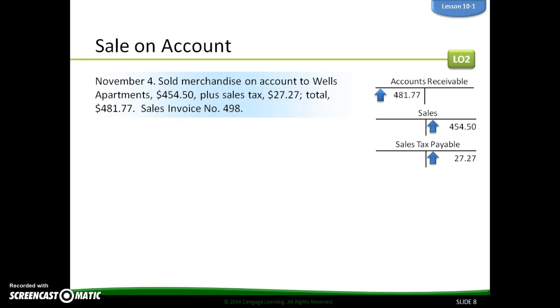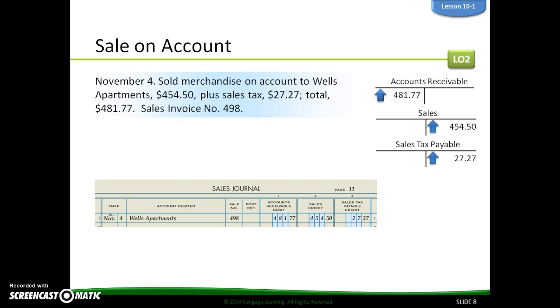And then we have an amount that's going to go towards sales, and we have a second amount that's going to go towards sales tax payable, so that we keep track of how much money we have to pay in sales tax. So you can see our sales journal here to Wells Apartment. We have those separate account headings: accounts receivable debit, sales credit, sales tax payable credit.